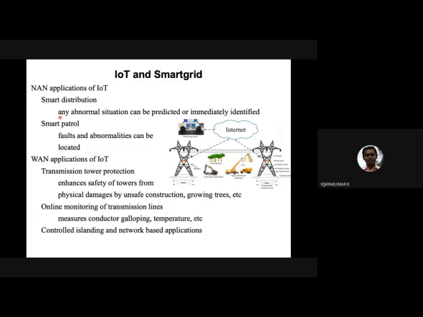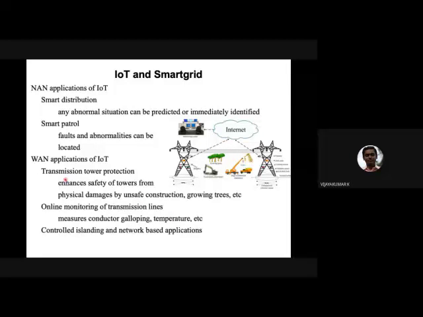And smart patrol: earlier, we had manual patrols for finding and clearing faults. Now once you have the network here, it is easy to identify the fault location, clear the fault, and connect your system back to the network.